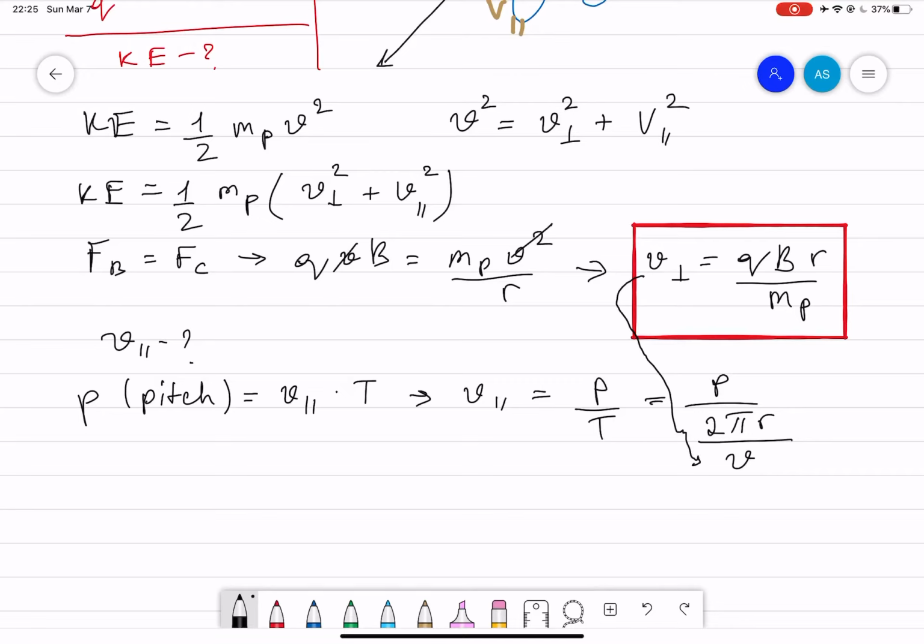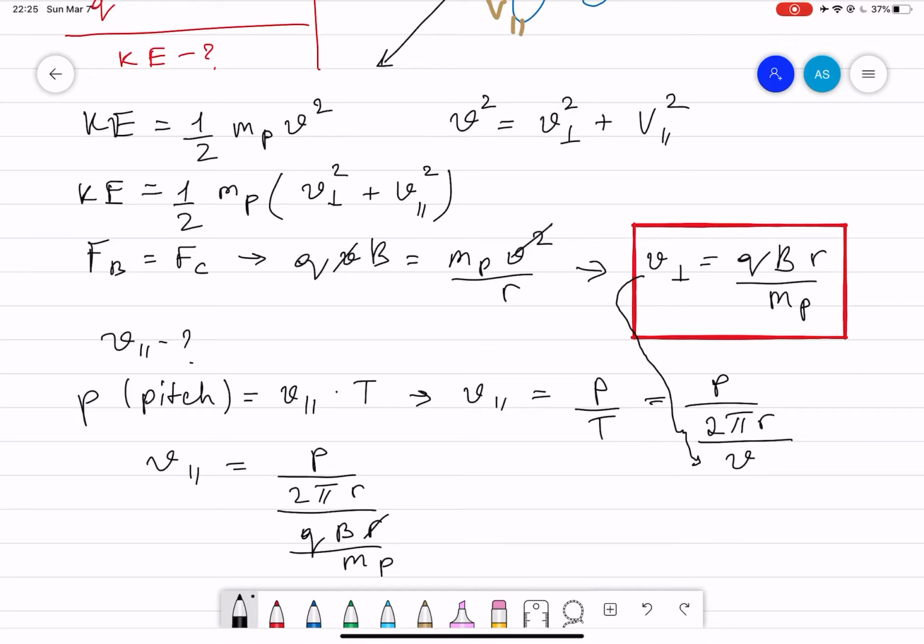Okay, and let's see what we'll get. So v parallel is equal to the pitch divided by 2 pi r divided by v, which is QBR divided by the mass of the proton.